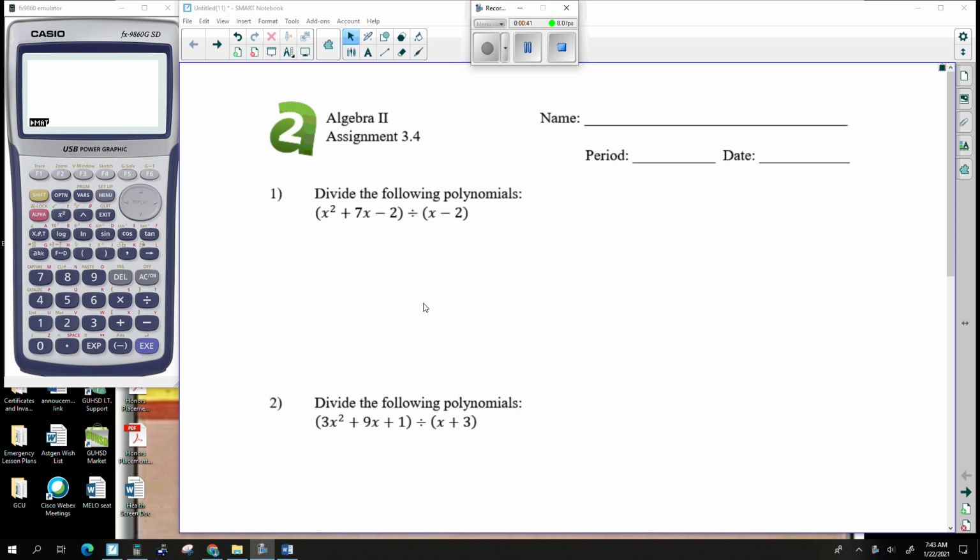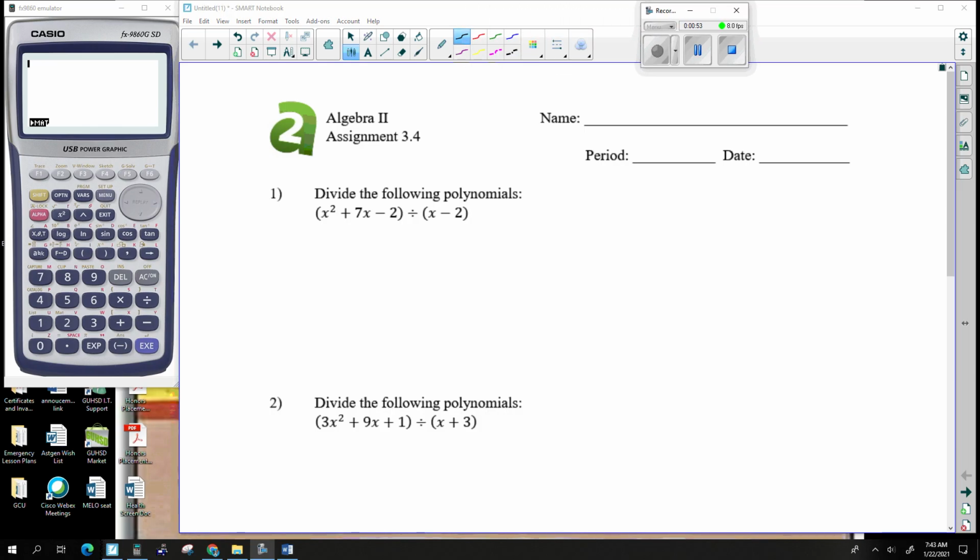Okay, let's quickly learn how to set up these divisions. As is right now, what I notice about what I'm dividing by is a singular x and then some constant number.